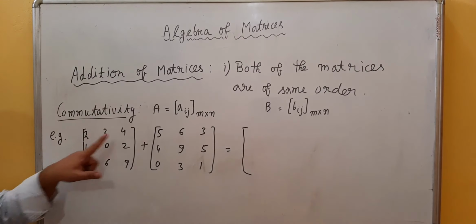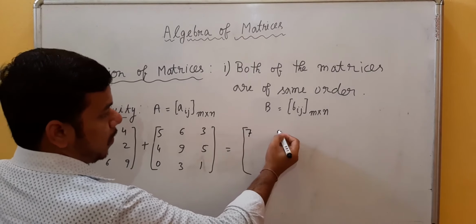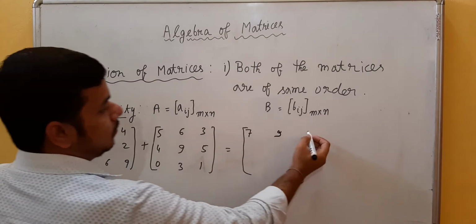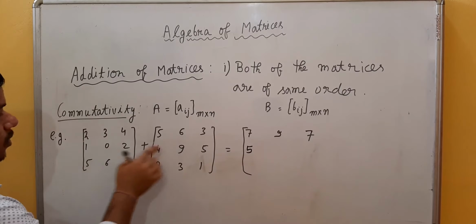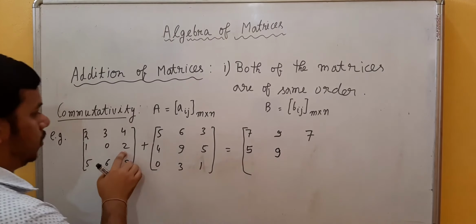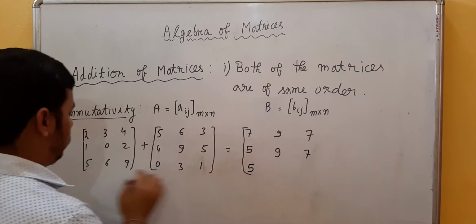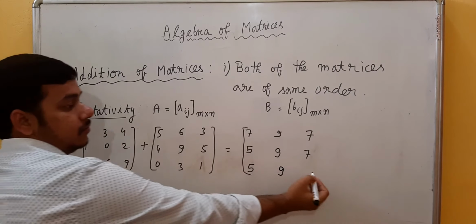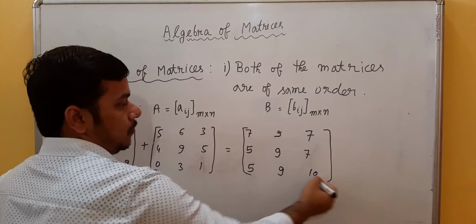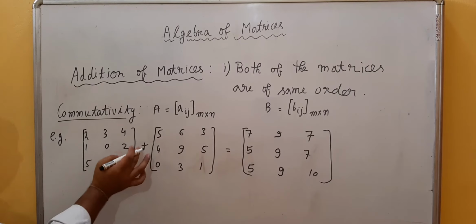So see, 2 plus 5, 7, 3 plus 6, 9, 4 plus 3, 7, 1 plus 4, 5, 0 plus 9, 9, 2 plus 5, 7, 5 plus 0, 5, 6 plus 3, 9, and 9 plus 1, 10. Right? This is how we can add two matrices.